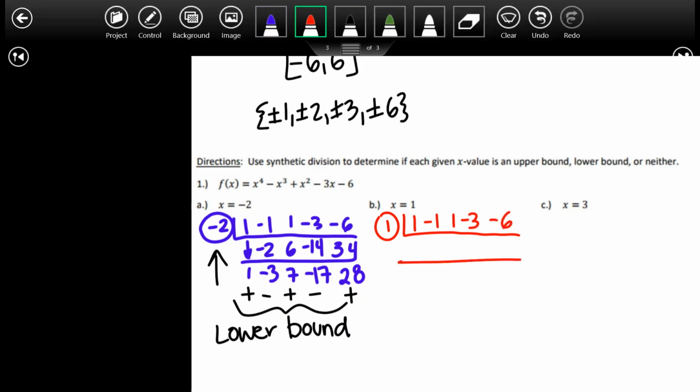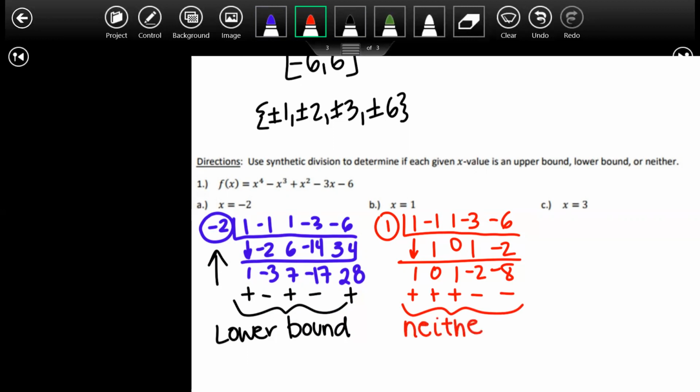If we do this correctly, 1, 1, 0, 0, 1, 1, -2, -2, -8. This goes positive, positive, positive, negative, negative. Is it alternating? Are they all positives? So this is neither. Neither, neither, neither.